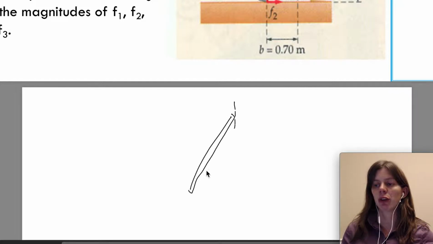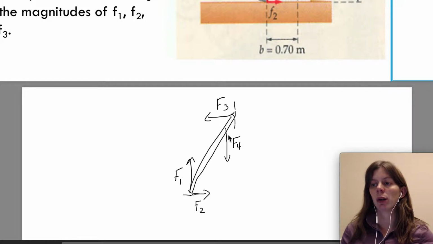And I do like to draw the surface, just to help me. We have a normal force over here, that was F1. We have a friction force to the right. And then we have a normal force to the left, F3. Then we have a force due to the weight of that person. That force is pulling down on the ladder. I'll call it F4.